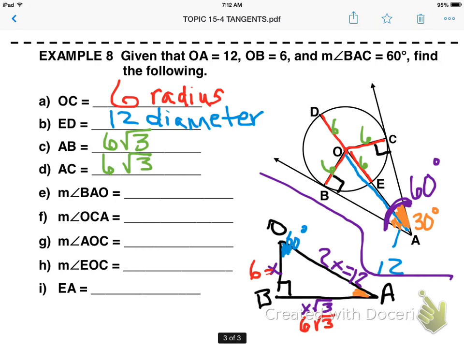The measure of angle BAO, which I've marked in orange, is 30 degrees. The measure of angle OCA, which I had already marked on my picture as well, is 90 degrees because it's tangent to the circle, which is perpendicular to the radius. The measure of angle AOC, let's go back to my picture, is congruent to the triangle BOA, so I know that angle AOC is 60 degrees.